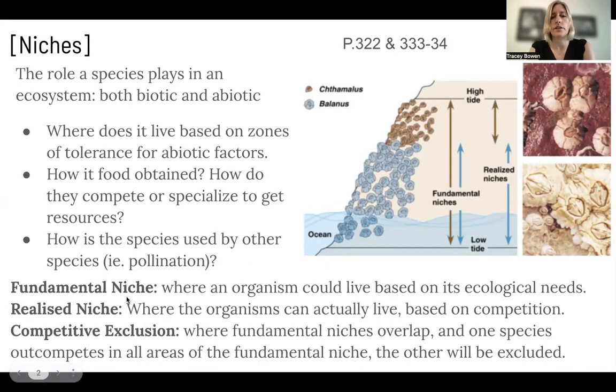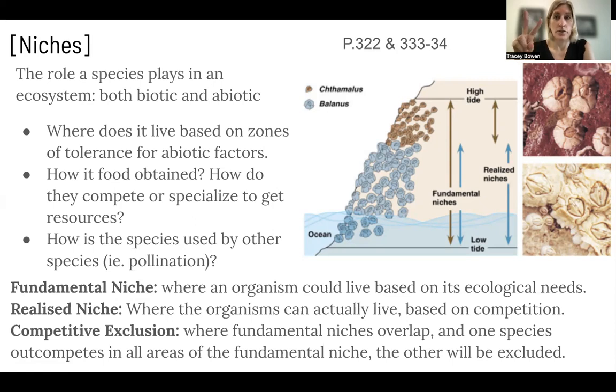So a fundamental niche is where an organism could live based on its ecological needs. A realized niche, though, is where an organism actually lives based on competition in that ecosystem. And then sometimes competitive exclusion can happen, and that's where fundamental niches overlap.